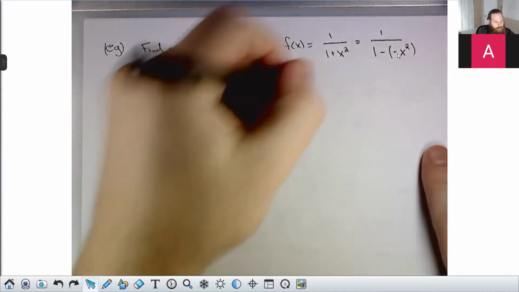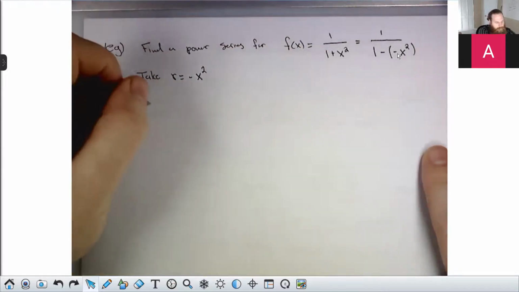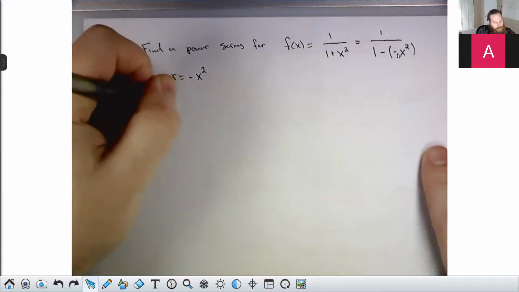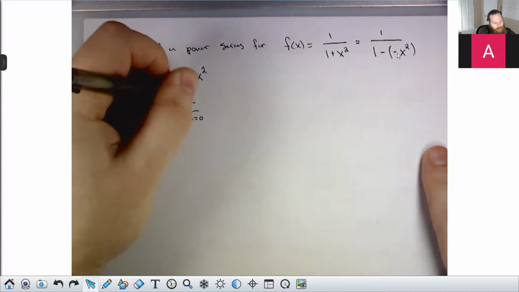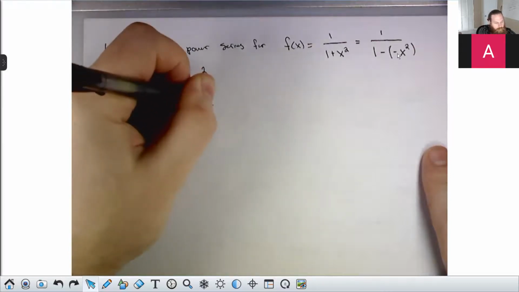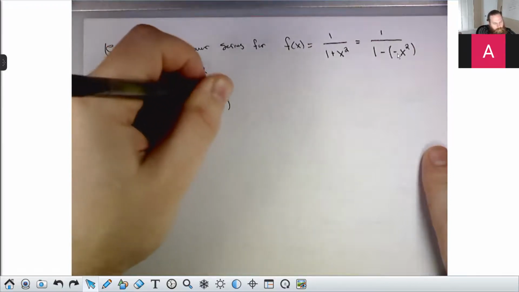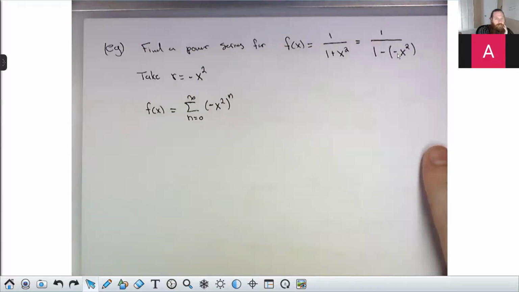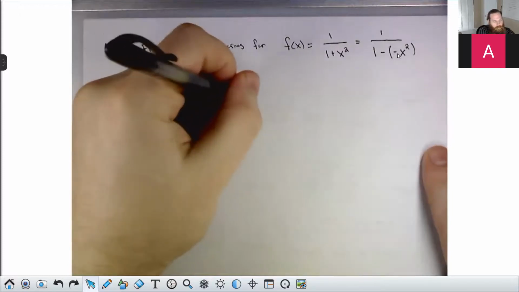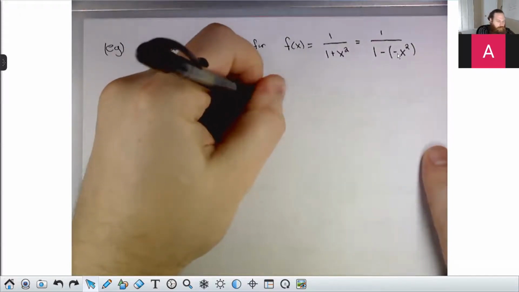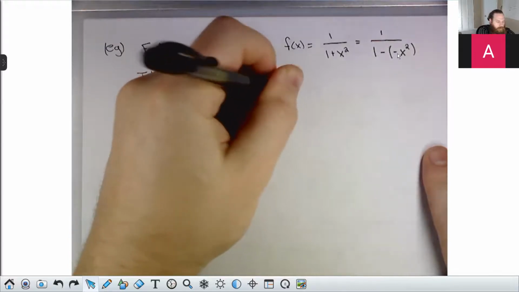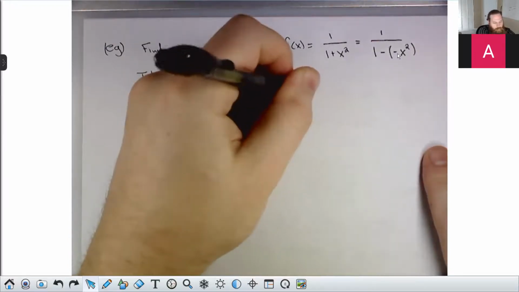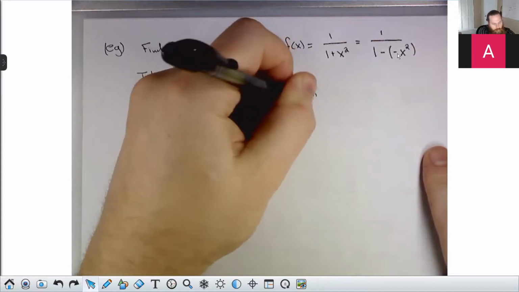And we'll get f of x is equal to sigma n from 0 to infinity negative x squared to the n, which is the same as sigma n from 0 to infinity negative 1 to the n x squared to the n, which is x to the 2n.